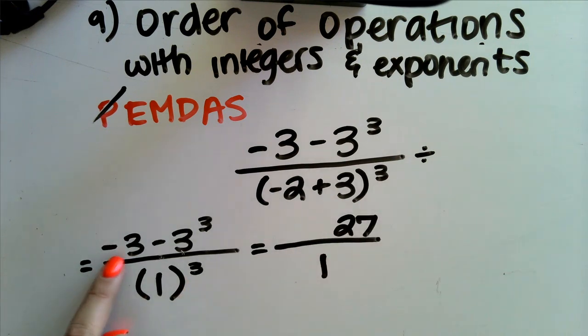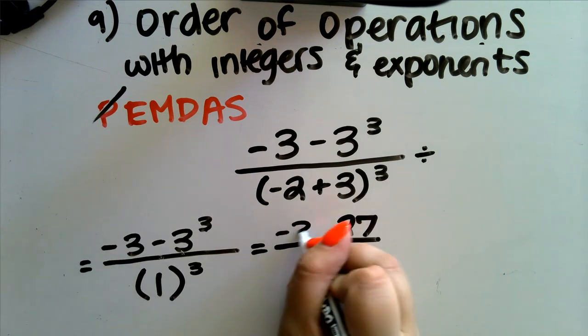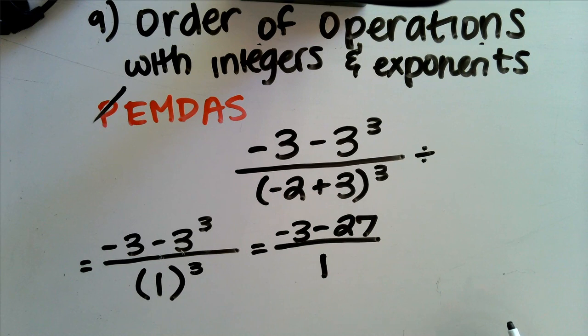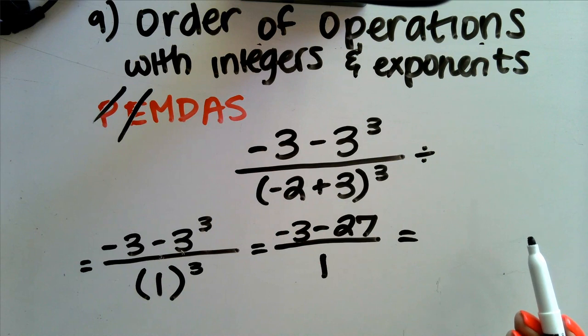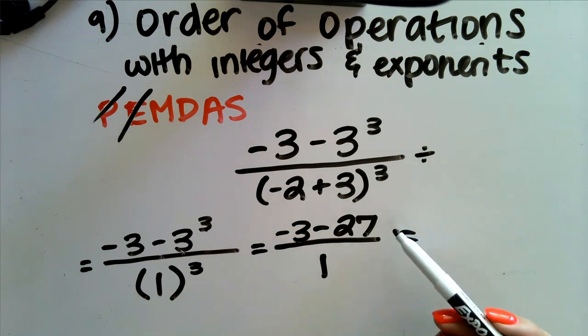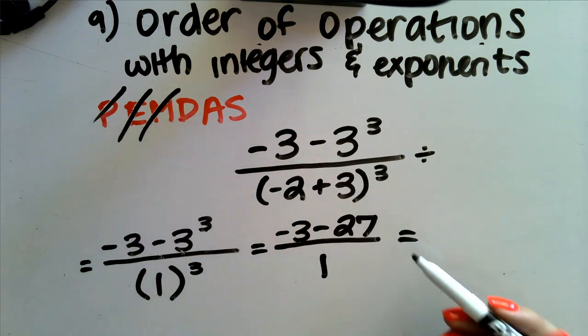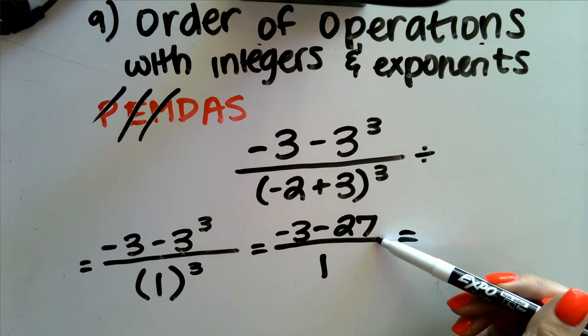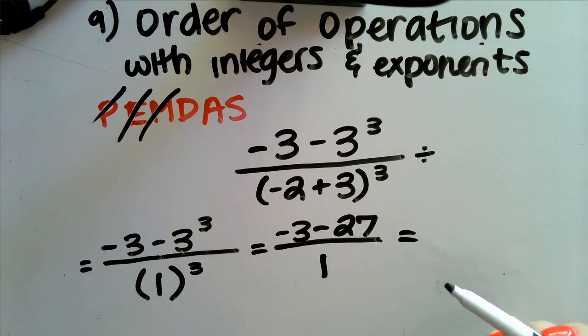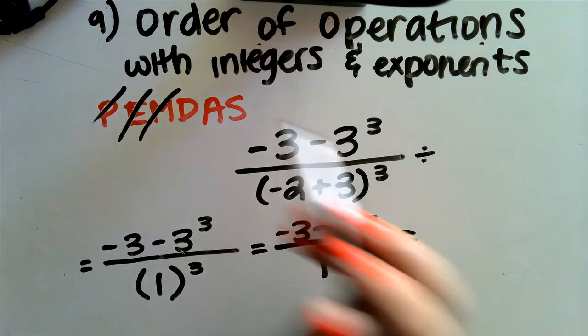So now I'm going to bring over everything that I have not dealt with yet, which is just that negative 3 minus. Now we're done with our exponents. Now I also don't see any multiplication in there, but I do see some division because I know that this fraction sign is a division sign. However, we're just dividing by 1, so we don't have to think that hard about it.